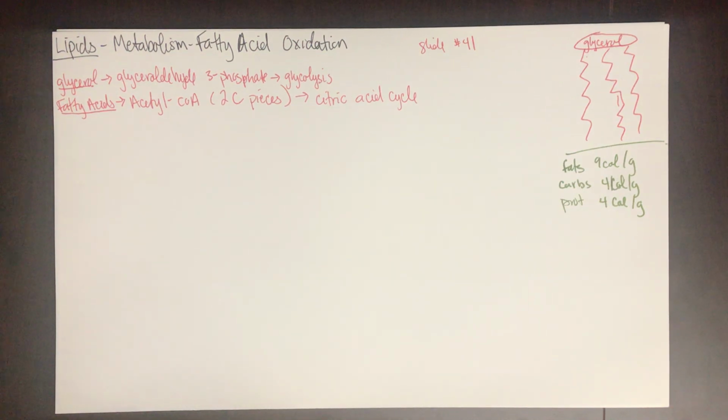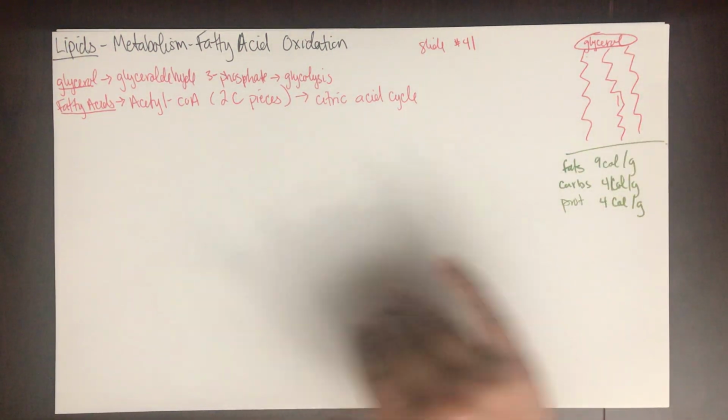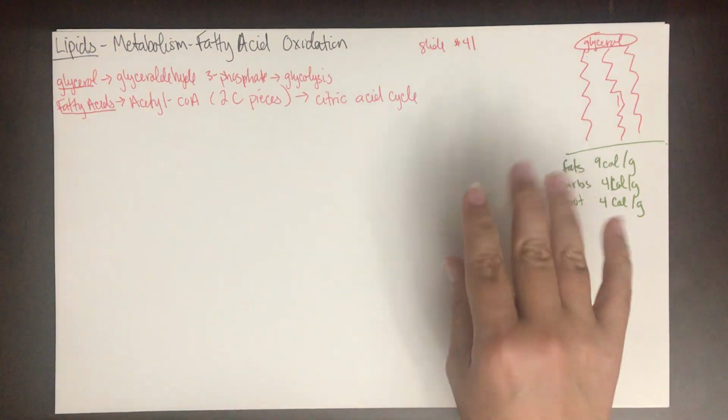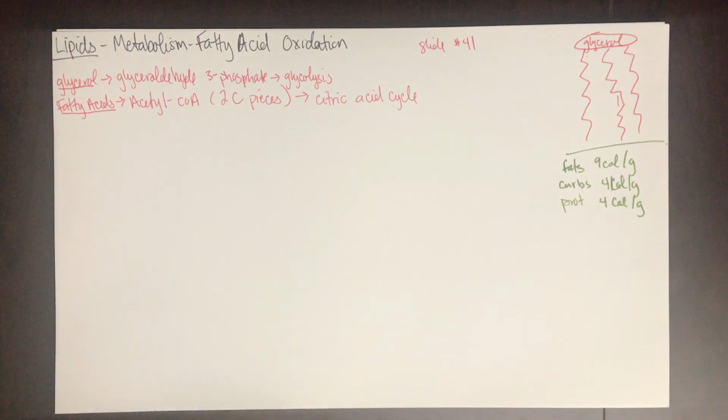We learned about glucose and glycogen, and glucose and glycogen are short-term energy needs. So they deliver quick energy. Also, they're very hydrated, so they give us less energy per carbon. Fats are for long-term energy needs, and they have a slow delivery.